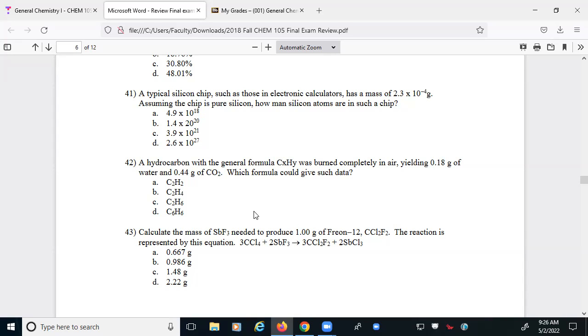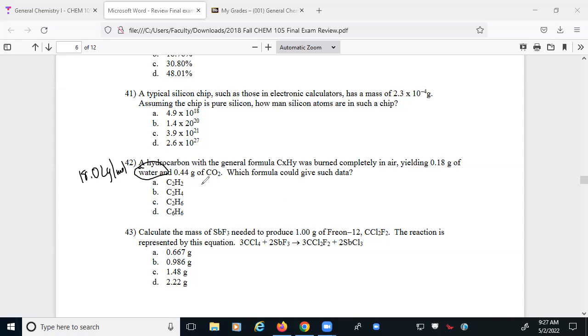Now, one thing I want you to pay attention to here, test makers love to do this: the values you're being given here are not random. In fact, they're telegraphing what they want you to do. You know that the molar mass of water, we've done this enough times, is 18.02 grams per mole, and you've been given 0.18 grams.